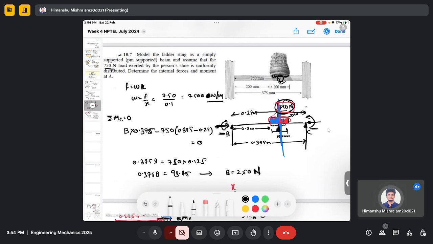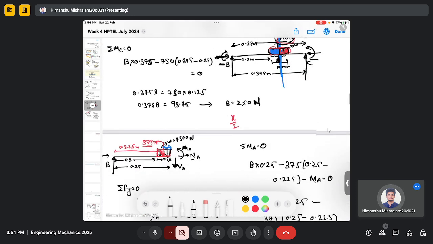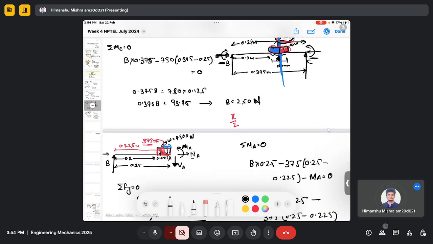So we cut the beam such that we cut this uniformly distributed force in half, and when we consider the left hand side of this beam, we only consider half of this uniformly distributed force. It actually changed the equivalent point load, which is now the 375 Newton.